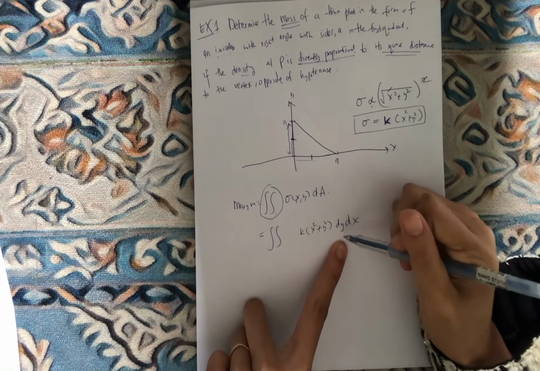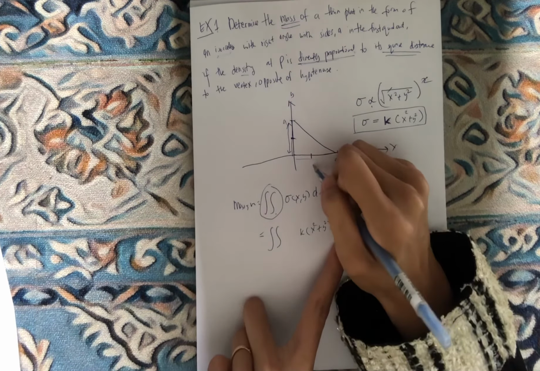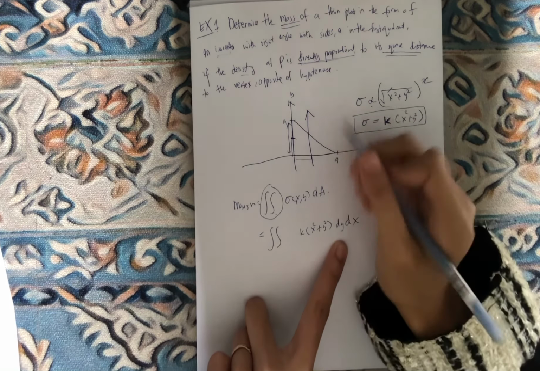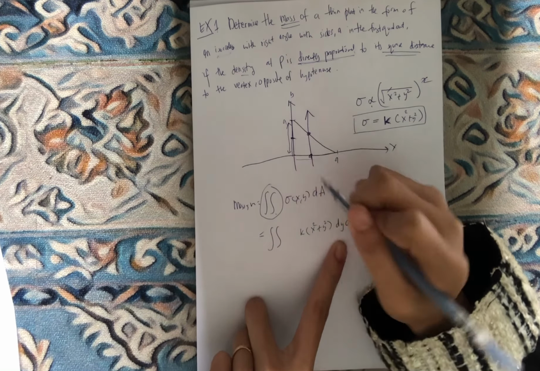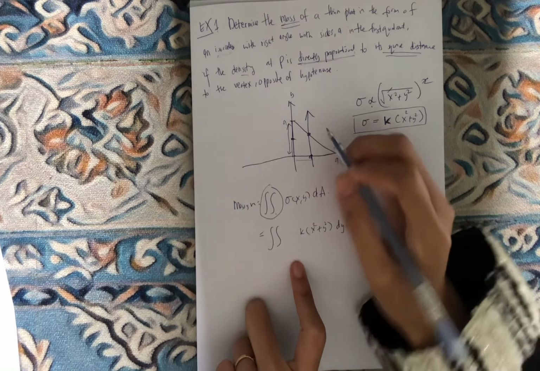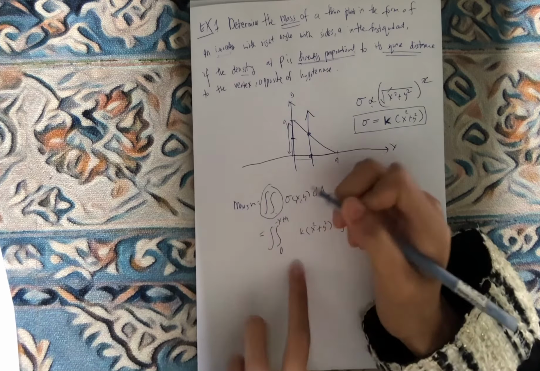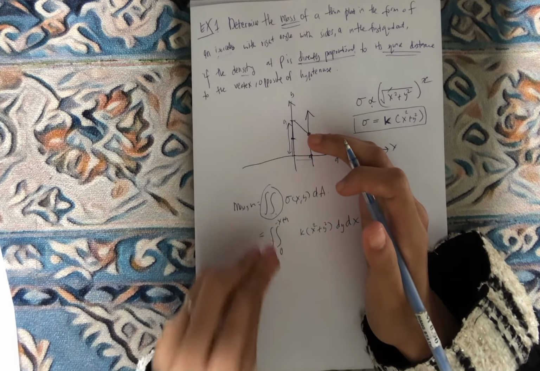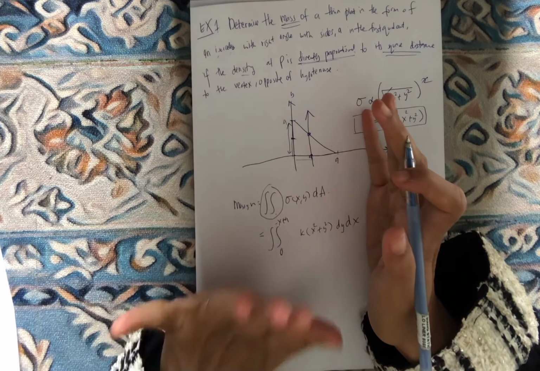If I choose dy dx, it means I need to draw a vertical line. Now I need to find out at which point I enter and at which point I leave, because I want to get this limit. So I enter at 0 and I leave at negative x plus a. I will not explain how I get this because this is supposed to be in the previous topics, so you may find out by yourself.